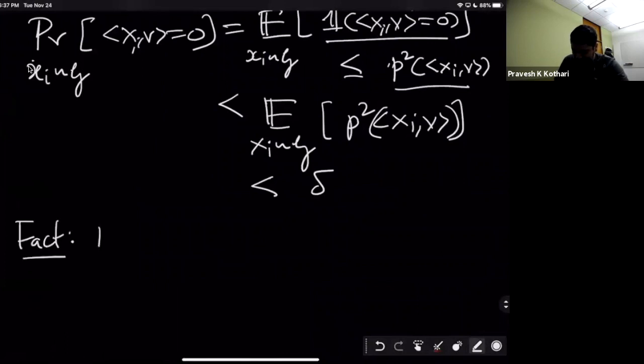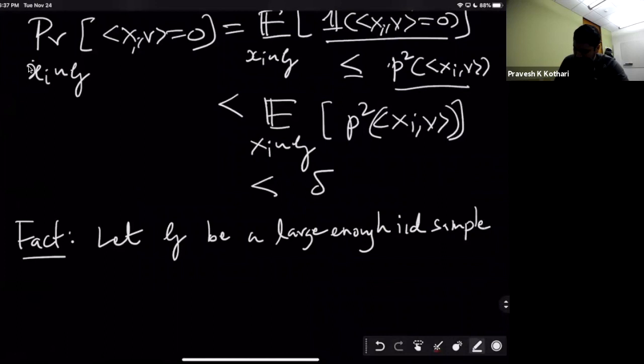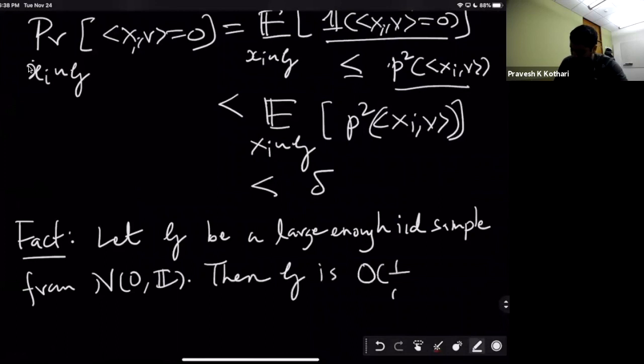Fact: let G be a large enough IID sample from, let's say, the standard Gaussian distribution. Then G is O of 1 over delta square certifiably delta anti-concentrated.